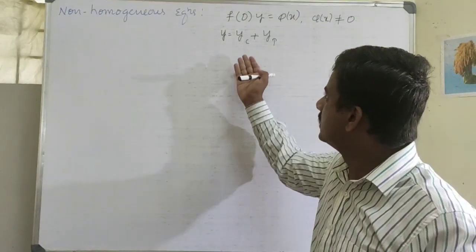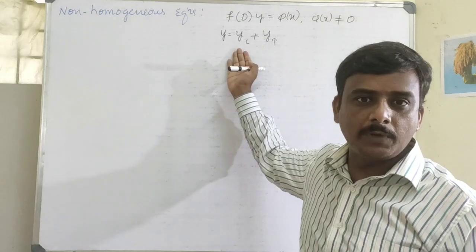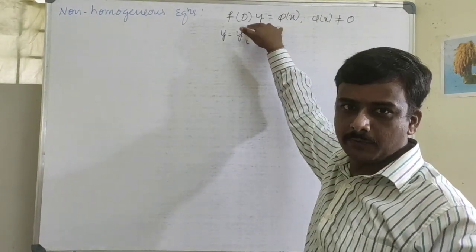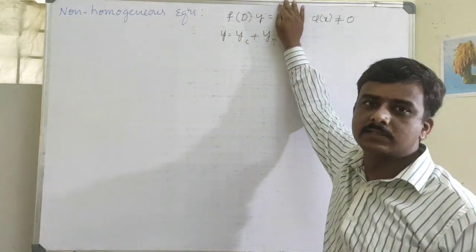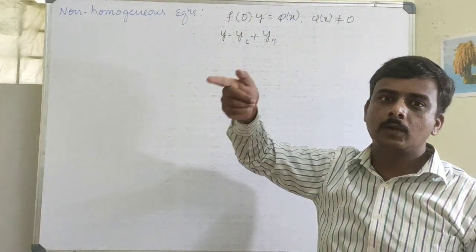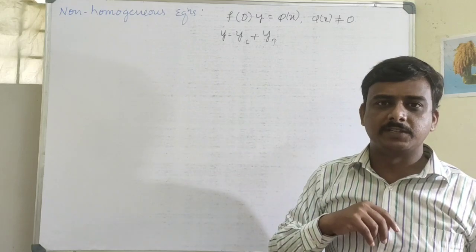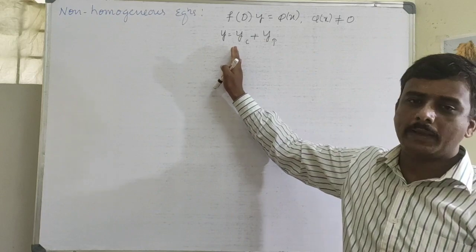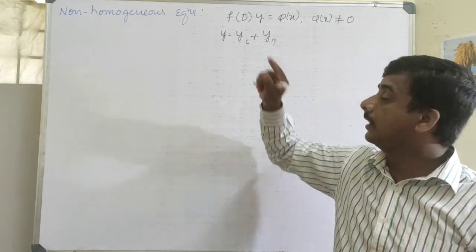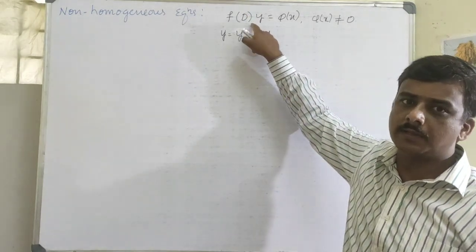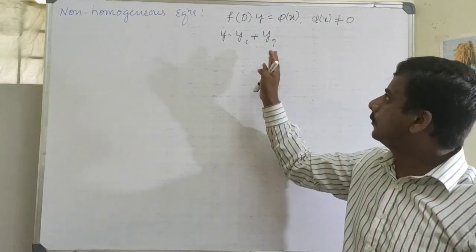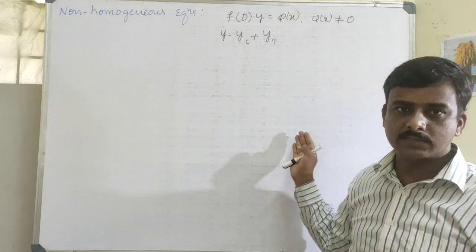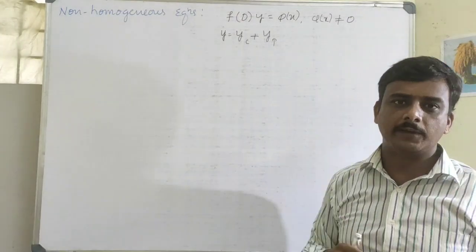How can we compute yc? This is called the complementary solution. To find yc, you have to consider the given equation, then assume the right hand term is 0 to get the corresponding homogeneous linear differential equation. Then solve that equation. That solution will be yc here, the solution of the corresponding homogeneous linear differential equation. To find yp, there are different methods depending on the nature of phi of x.